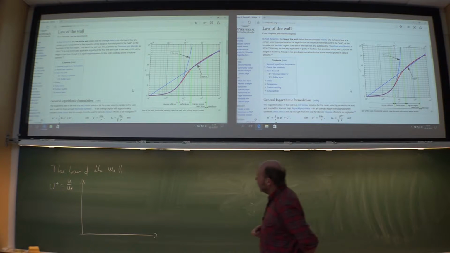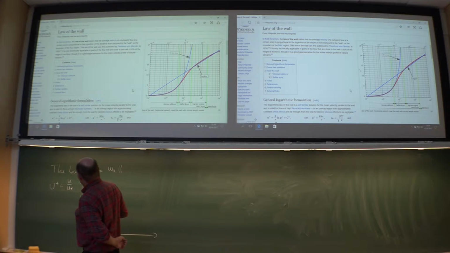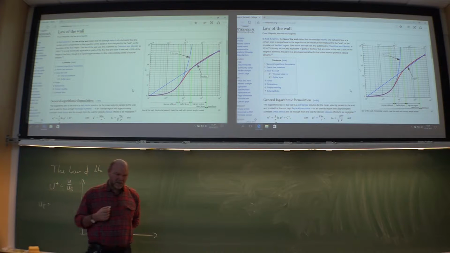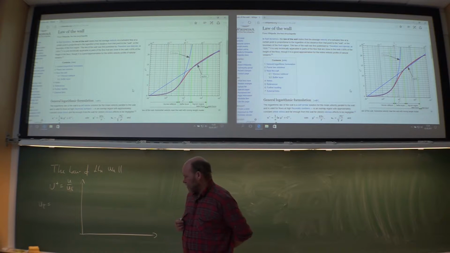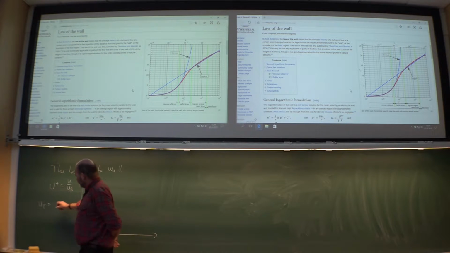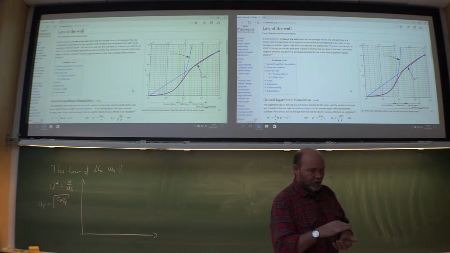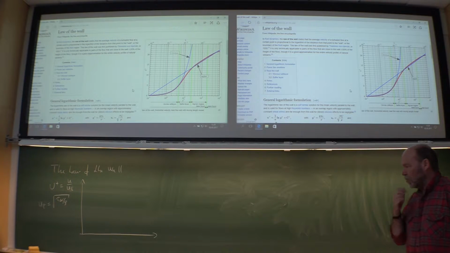U tau they used here, where we can use U tau as well. It's called the skin friction velocity. It's actually not a velocity. It's based on the wall shear stress divided by the density. So it's a velocity scale based on the friction force close to a wall.